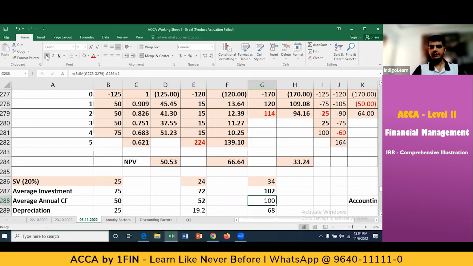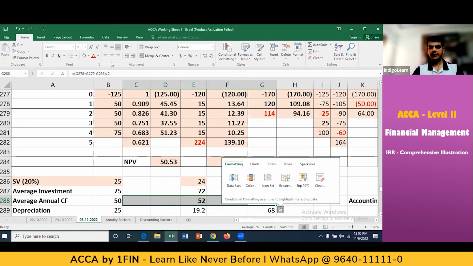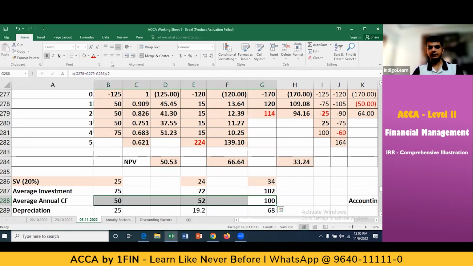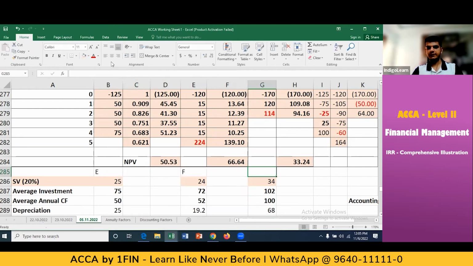Here what I will do? 120 plus 114 minus 34 divided by 2. Only 2 years. That is coming to 100. I have calculated the average cash flow for all the investment proposals, that is E, F and G.